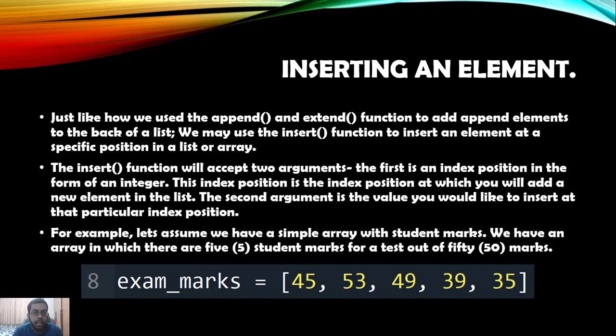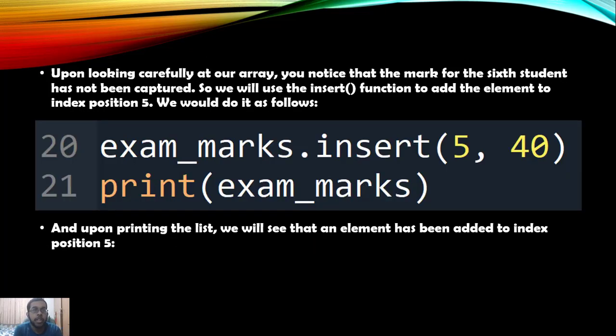For example, let's assume we have a simple array with student marks. We have an array in which there are 5 student marks for a test out of 50 marks. exam_marks equals 45, 53, 49, 39, 35. Upon looking carefully at our array, you notice that the mark for the 6th student has not been captured.